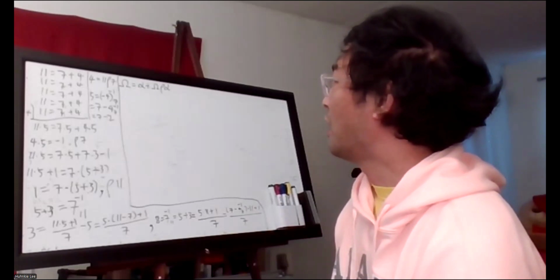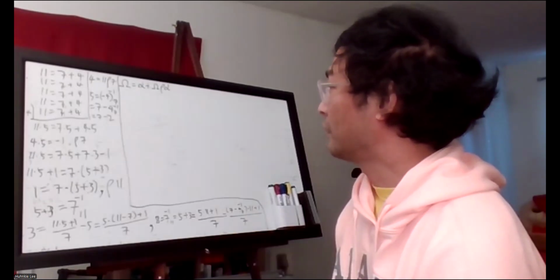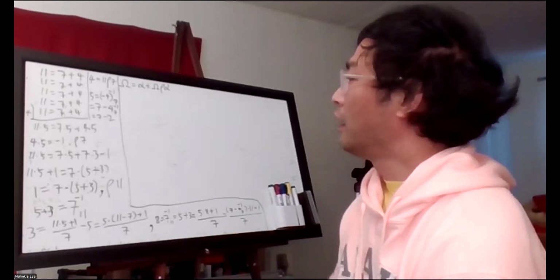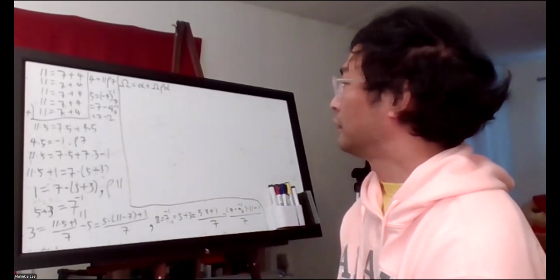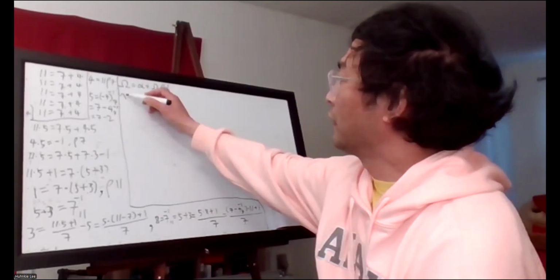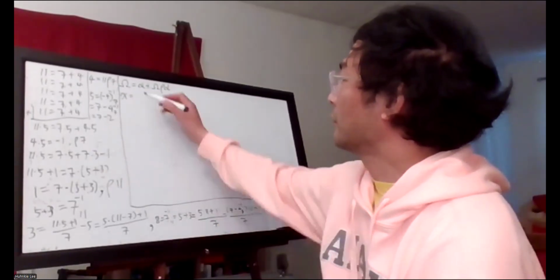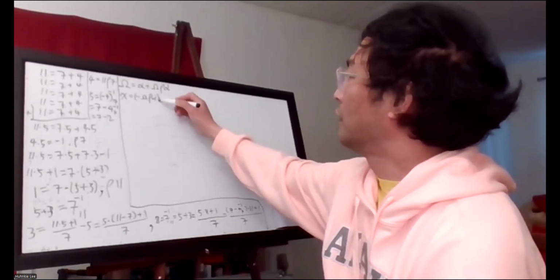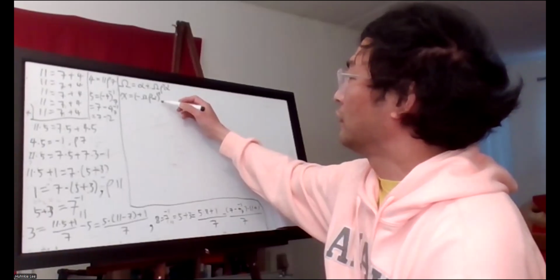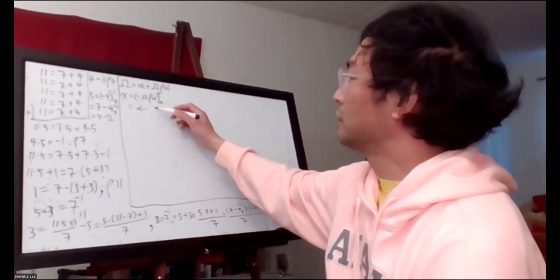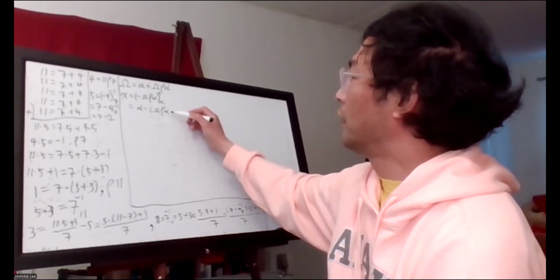Now, so five, we call it X. X is equal to minus four, Omega Rho Alpha inverse, Rho Alpha, which is alpha minus Omega Rho Alpha.